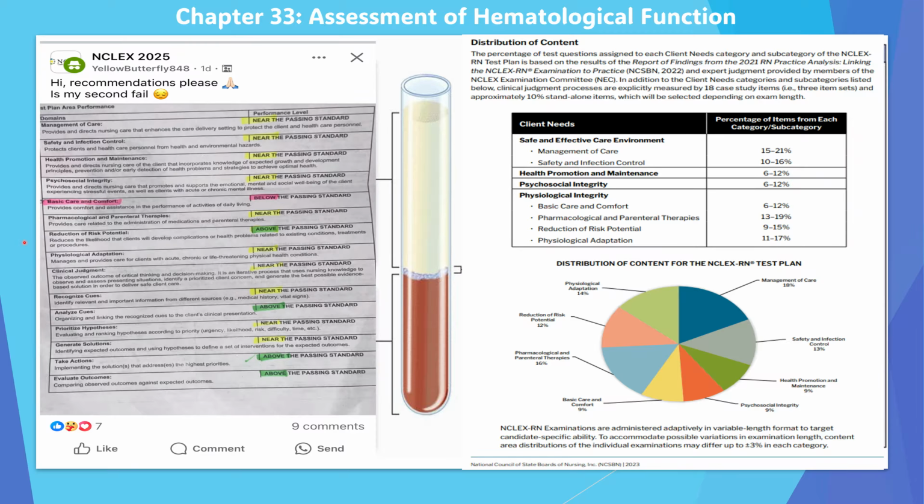Prioritizing hypothesis: what could happen if the patient's symptoms are not effectively managed? Generating solutions: what treatments are included to manage this patient's condition? Taking action: what are the priority interventions for this patient?